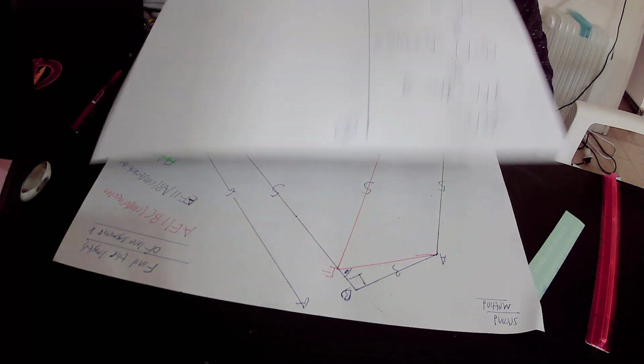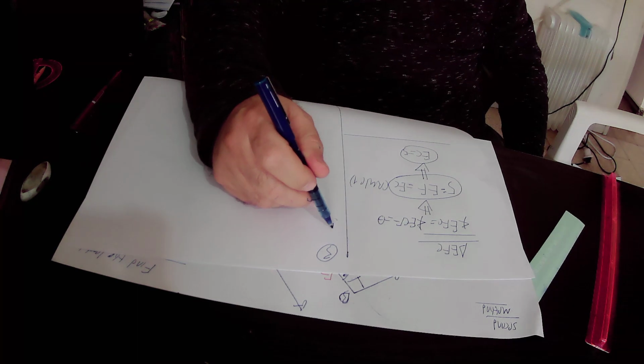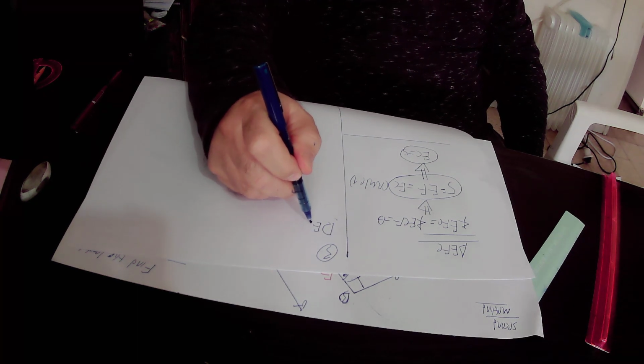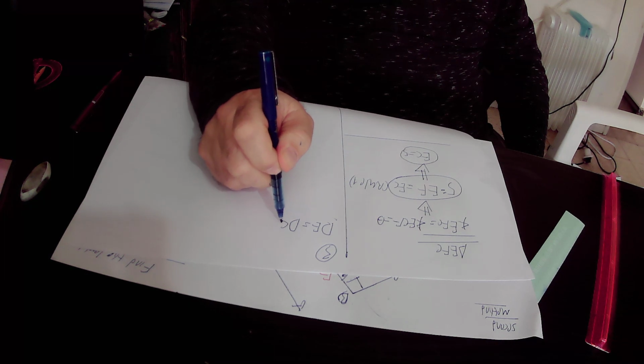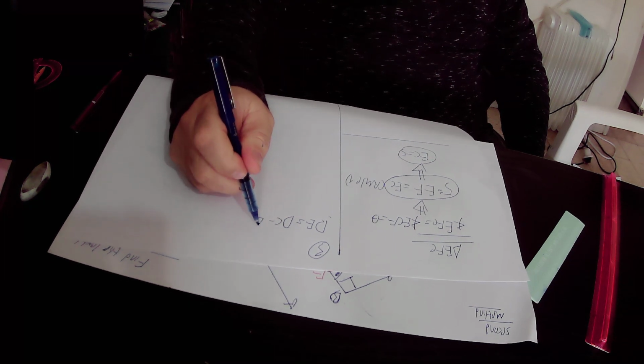I'll write it down. DE equals DC minus EC.